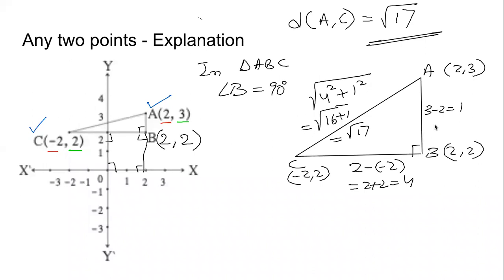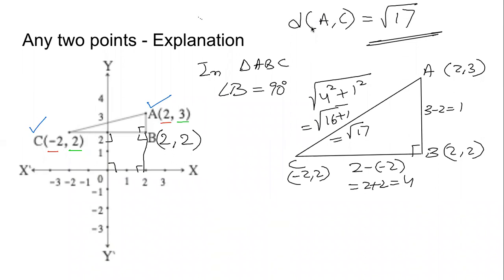So we started with any 2 points, A and C. We found a point B. Together with B, the 3 points made a right angle triangle. Because we know coordinate geometry, we can find the coordinates of the point B. Because we know coordinate geometry, we can find the length of the side AB, we can find the length of the side BC.